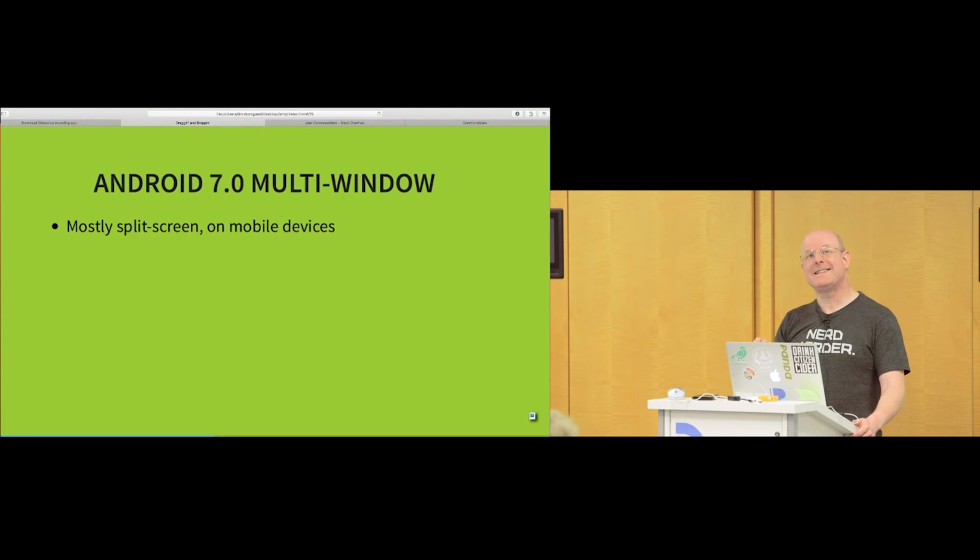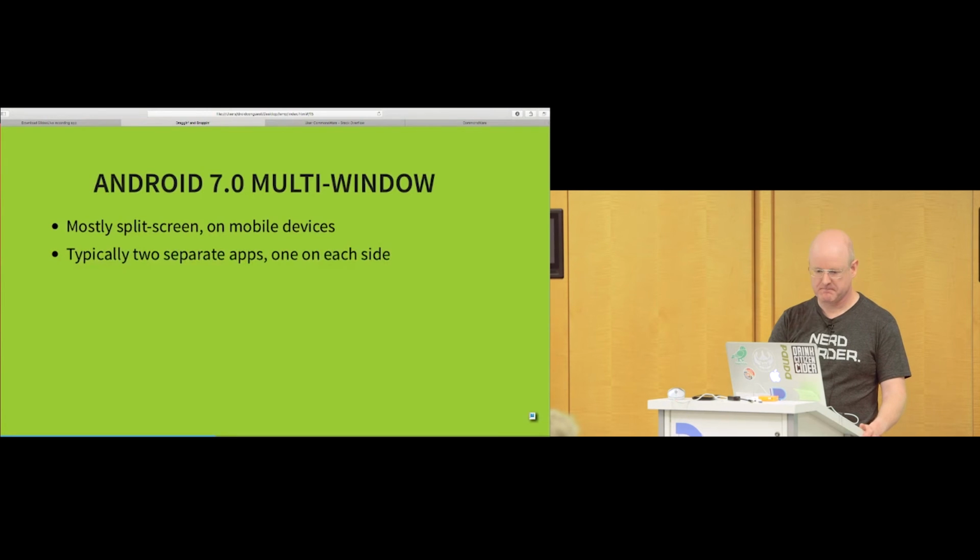There's also the legendary free-form multi-window mode, where Android would behave more like a desktop operating system with multiple overlapping windows. At the moment, free-form multi-window mode is a mythological creature on par with unicorns, and therefore we don't really know exactly how that's going to work.